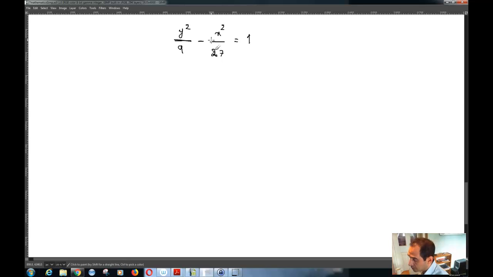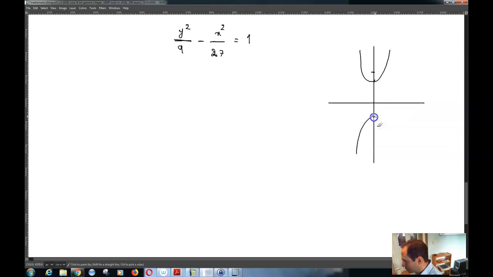And what that means is that you have your foci and the vertices and everything along the vertical axis, meaning that it's some situation like this. So now, since this is the case, your vertices and foci and everything are going to be along this line, meaning that over here the x coordinate of every point is 0.